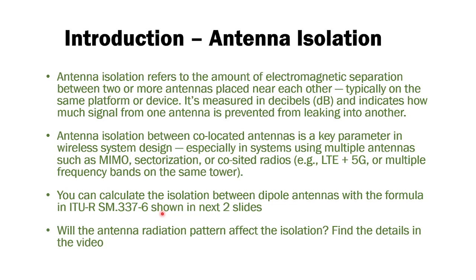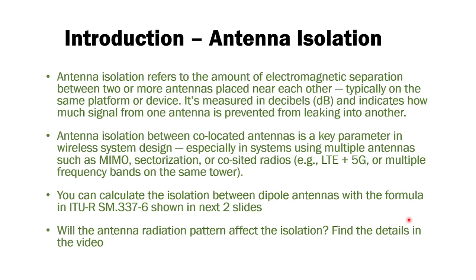Even though these formulas are prepared for dipole antennas, we can also use them to calculate the isolation of directional antennas. But of course, we need to consider the antenna radiation pattern. We are going to have more details in the next two or three slides.